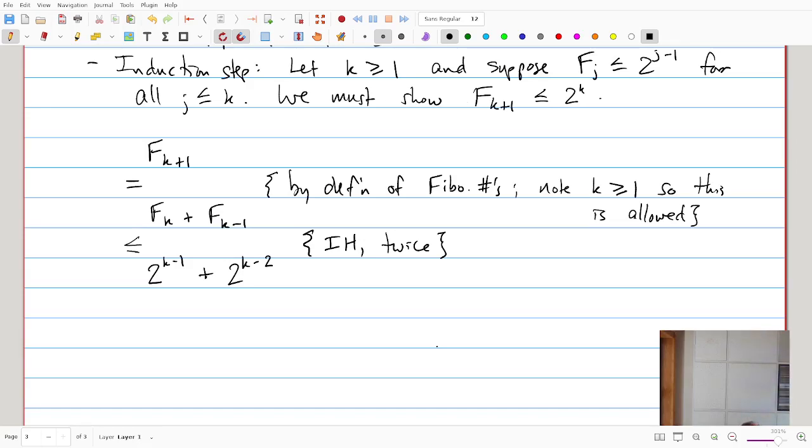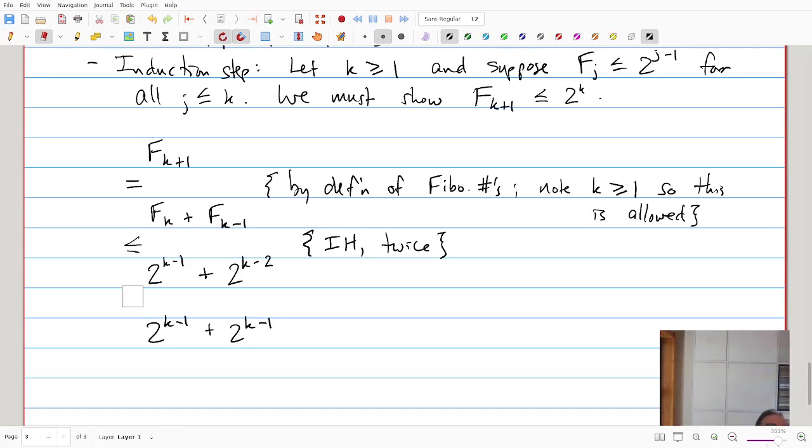Okay, well, one thing I can do at this point is I can say, all right, I have 2 to the k minus 1. I also have 2 to the k minus 2. So if I replace this 2 to the k minus 2 with 2 to the k minus 1, that's going to make it bigger. It's multiplying by 2. Right? Because maybe this would be something like 2 to the 5th, but then 2 to the k minus 1 would be like 2 to the 6th, so it would be getting bigger. So I could replace it. Well, I can actually say it's not less than or equal to.